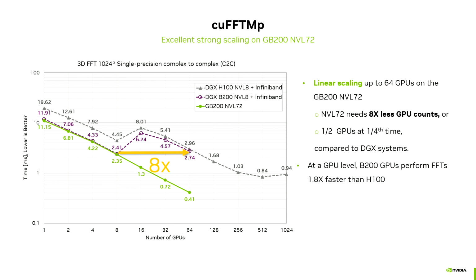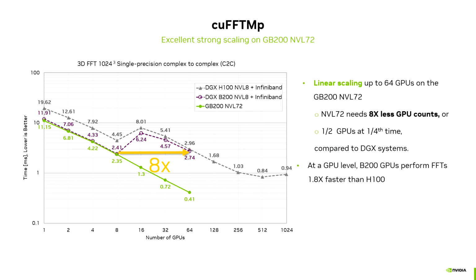I'm going to move to the next curve here, the gray dashed curve. That's the curve for the same input example, now run on DGX H100. DGX H100 and DGX B200 are very similar in terms of NVLink 8 GPU configuration, NVLink domain size, and also InfiniBand bandwidth.